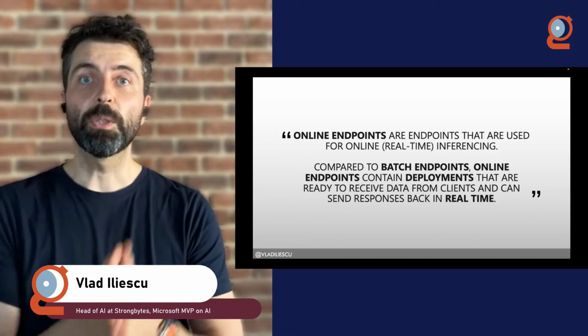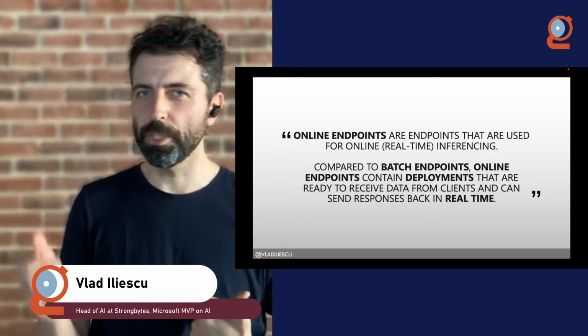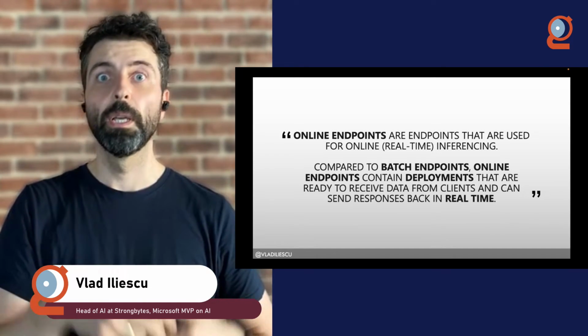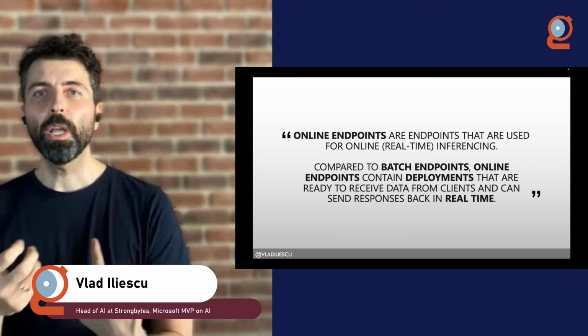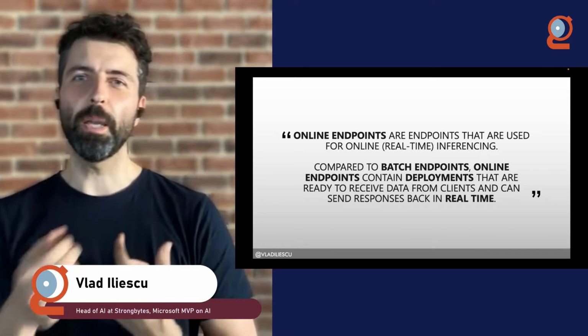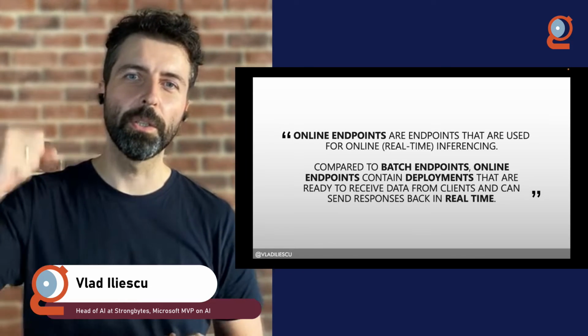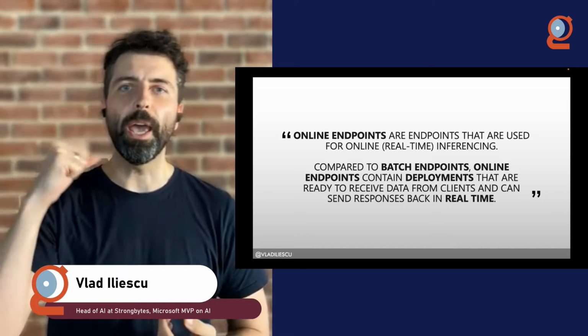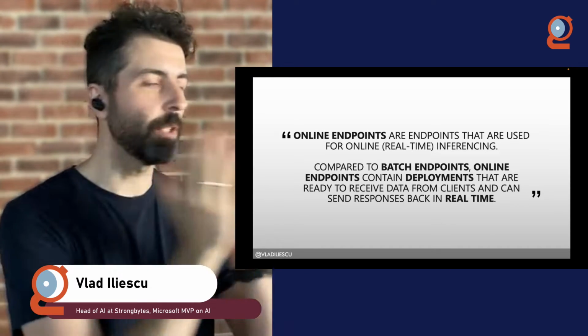All right, but what are online endpoints? Because you see, in Azure ML, there's two types of endpoints, in the second version of the SDK, of course: batch endpoints and online endpoints. Online ones are for real-time machine learning. In cases when customers just want an answer, they want some predictions, they ask your model for those predictions, it answers back, they're good to go.